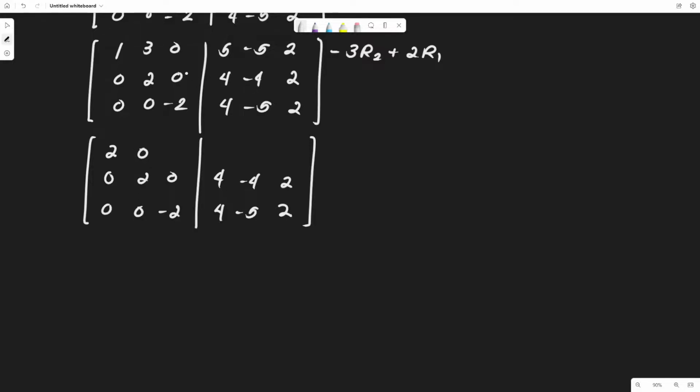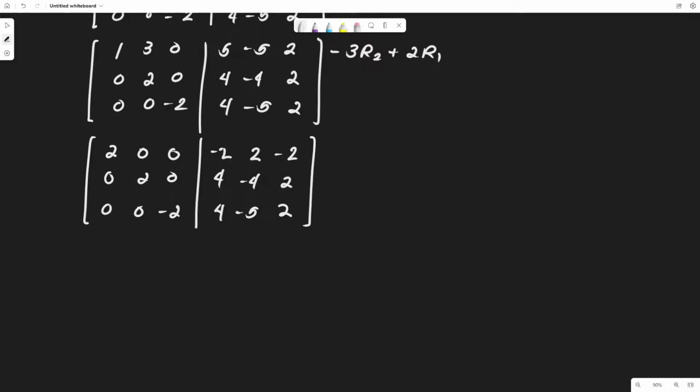Then 0 plus 0 is 0, essentially. So we have negative 12 plus 10, so that is negative 2. Then 12 minus 10 is 2. Then negative 6 plus 4 is negative 2.